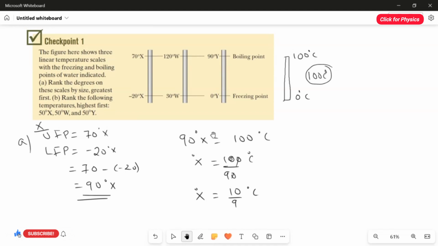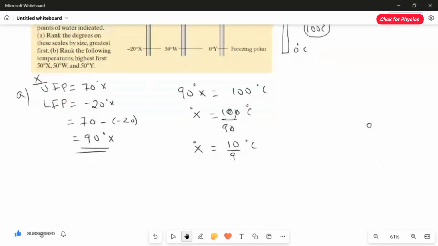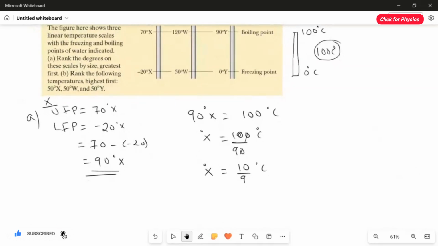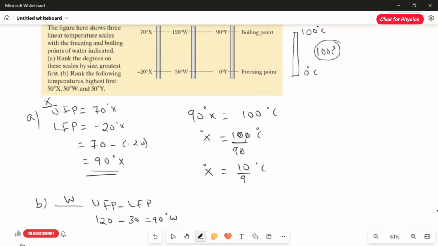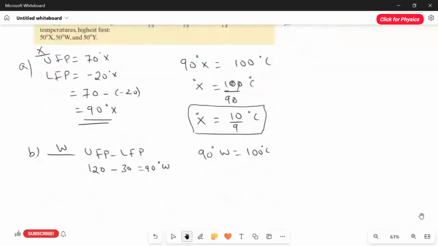When you cancel, you get 1 degree X equal to 10 over 9 of a degree Celsius. Clear? Okay. Likewise, we find the same thing for the second and third scales. For the W scale, the upper fixed point is 120. Upper minus lower fixed point is 120 minus 30, which gives 90 degrees W. So 90 degrees W is equal to 100 degrees Celsius. Therefore 1 degree W is equal to 100 over 90.